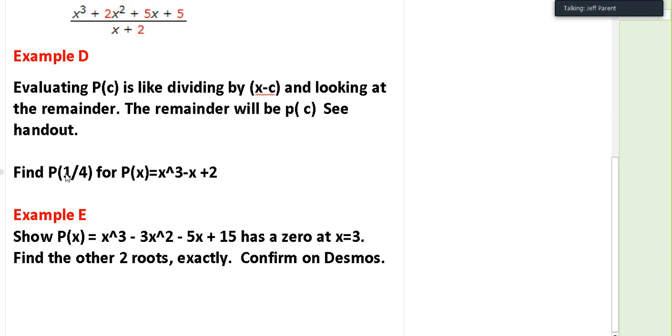It says find p of 1/4 for p of x equals x cubed minus x plus 2. All right, let's do that. So let me copy that down. So p of x equals x cubed minus x plus 2.